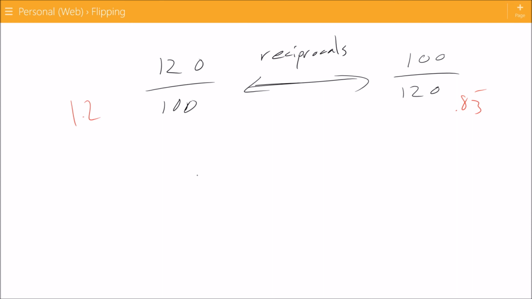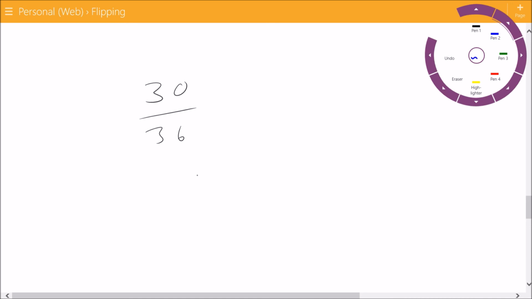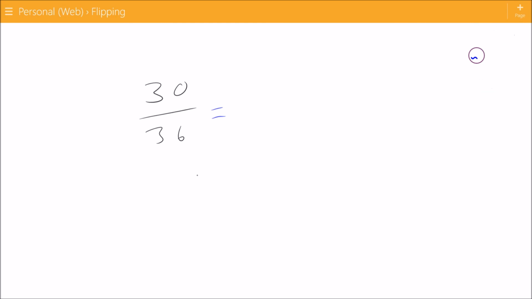And let us do one more quick thing here. Remember, if we want to find out what percentage of a number, in this case 30 is what percentage of 36, we can just divide, and then we would see that 30 is, there's our 0.83 repeating, or 83.3 repeating percent of 36.